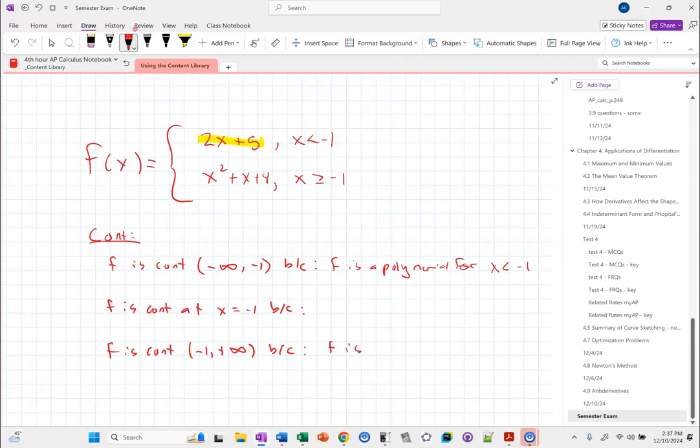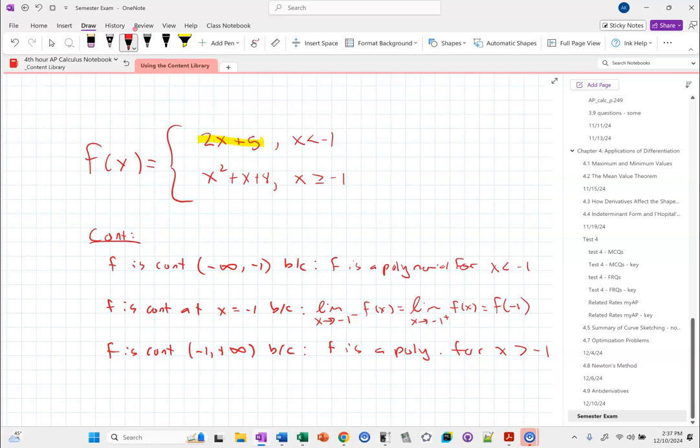Same thing. How about at negative 1? I need to show that the left-hand limit is equal to the right-hand limit, which is equal to the function value.